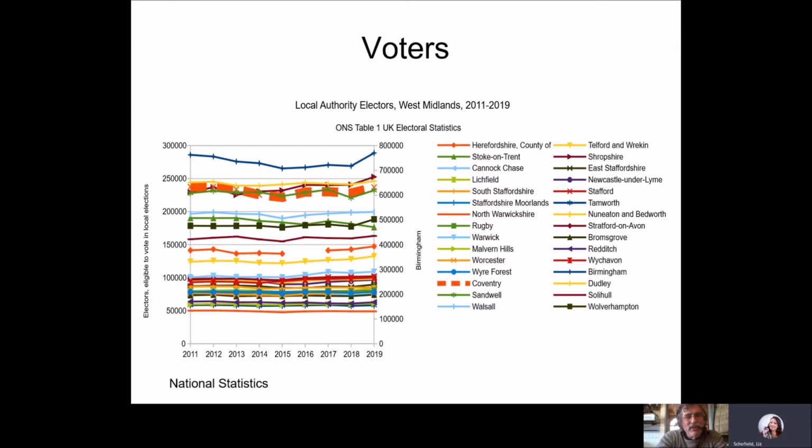There's no sign that vast numbers of people have arrived here and have registered to vote. So it won't be everybody. It doesn't include children, doesn't include non-EU nationals, but it's an indicator, and it's not showing us anything. So one more thing that's not showing anything. Next slide.